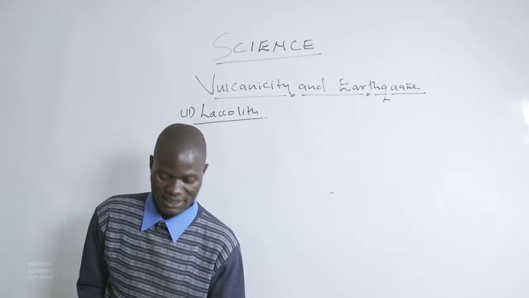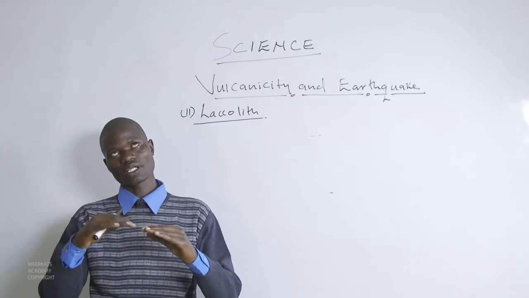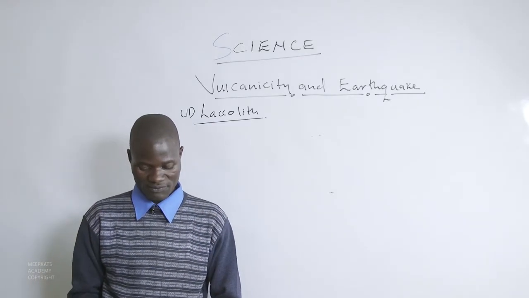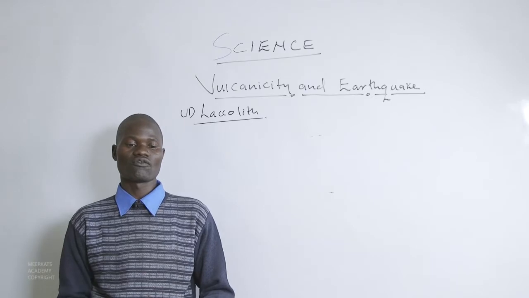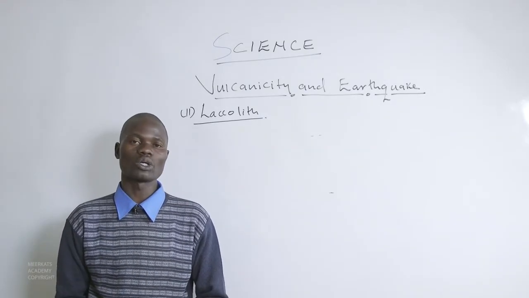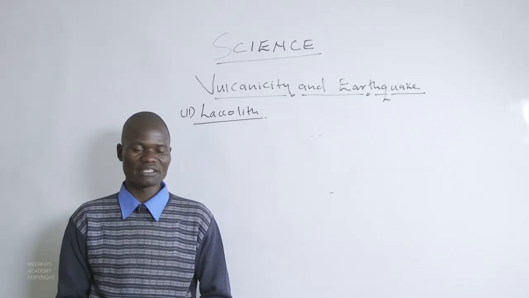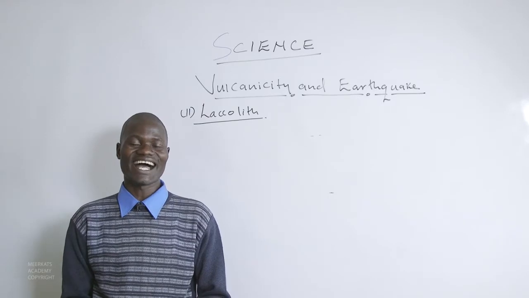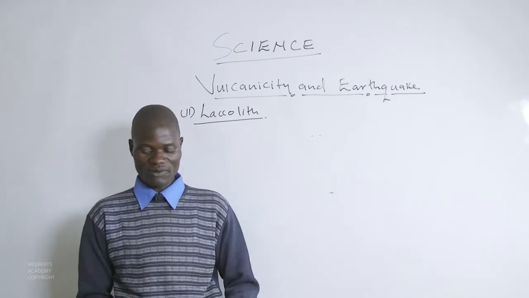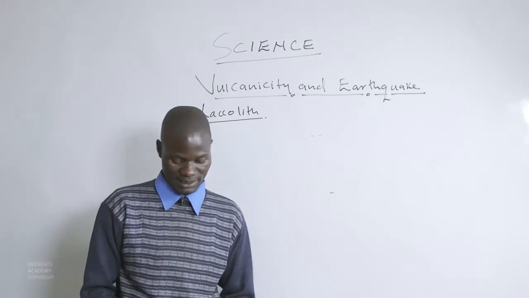Therefore, Laccoliths are formed and they look like a dome-shaped feature of intrusive magma that has solidified and cooled, and has been found within the bedding planes of the earth crust, and therefore it leads to the formation of such a feature we refer to as a Laccolith.